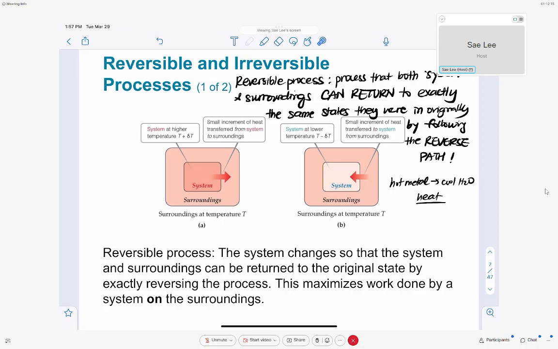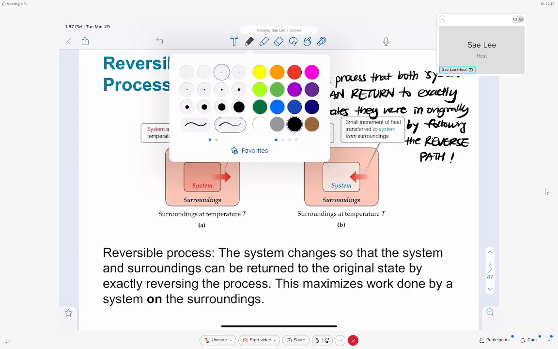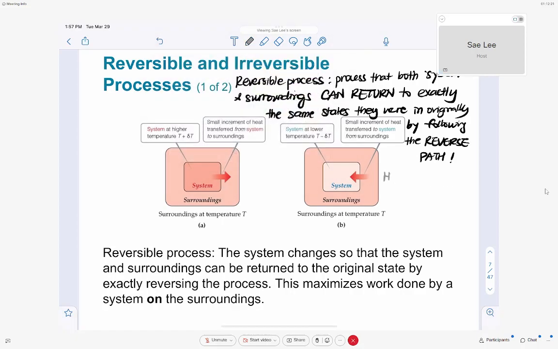Okay. So heat transfer is normally irreversible. But heat transfer can be reversible in special situations.